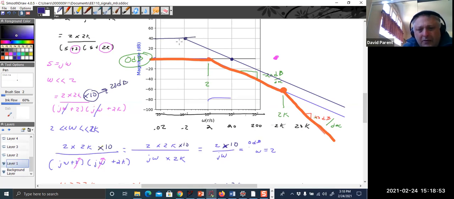So the breakpoint is the same, and it would just shift that curve up everything by 20 dB. I'm going to have to redo some of this.